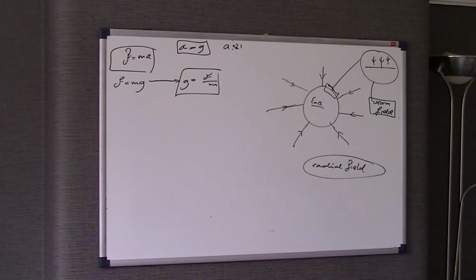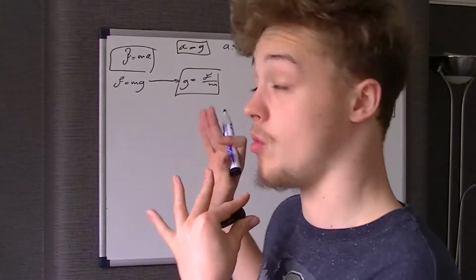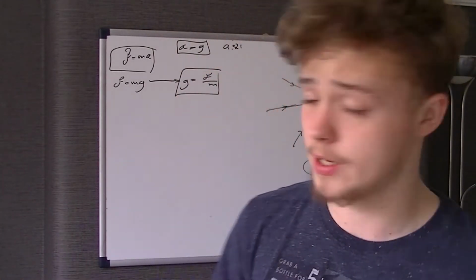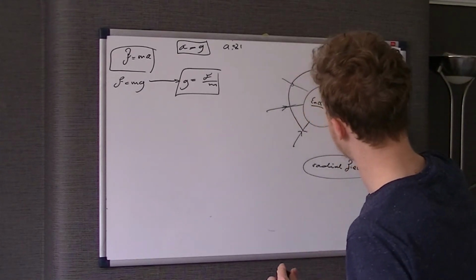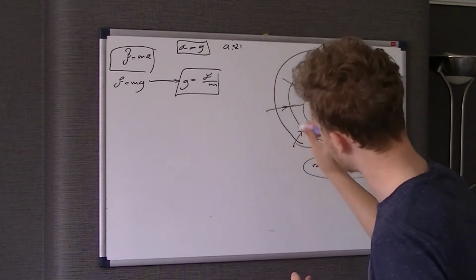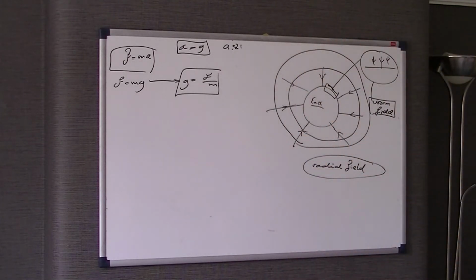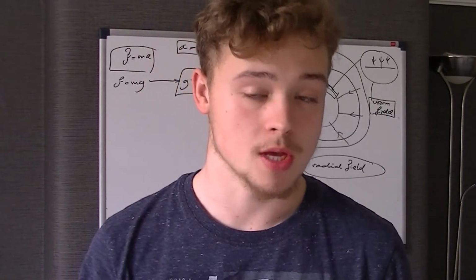That's a very brief overview of what gravitational fields look like surrounding Earth. But we also have what look like extended circles around Earth, which cut through these radial field lines. We call them equipotentials.